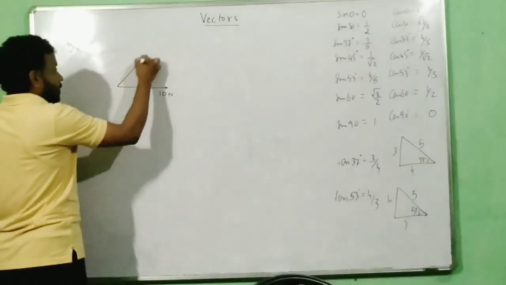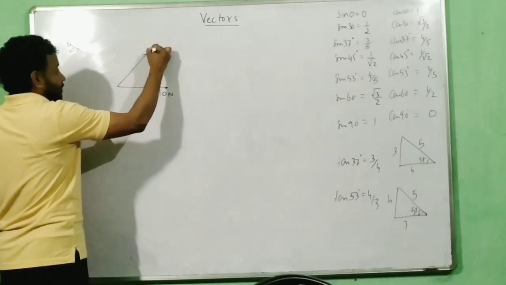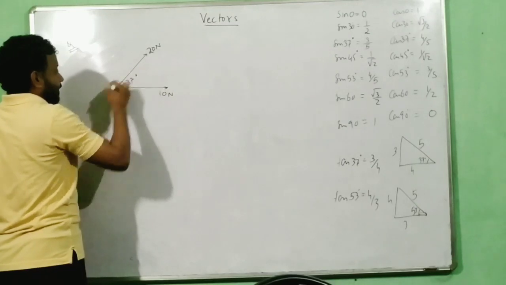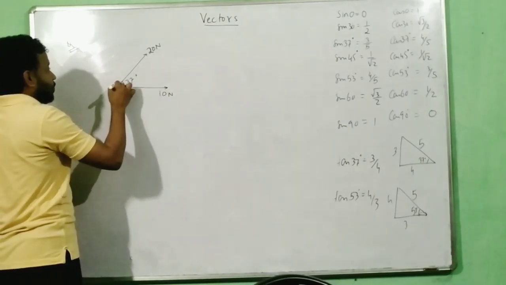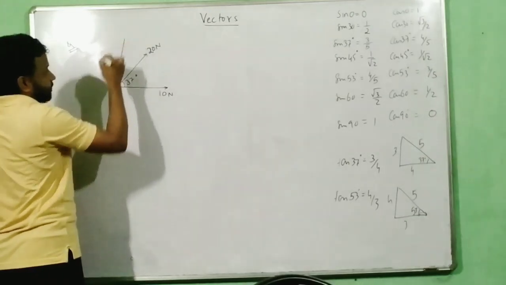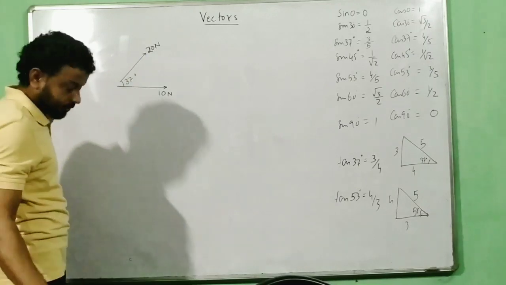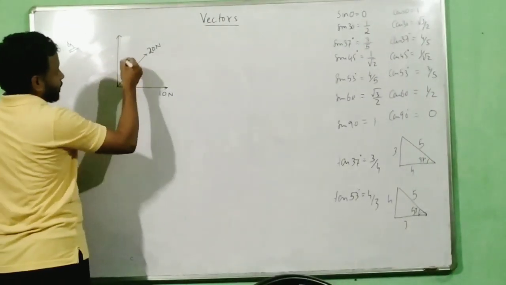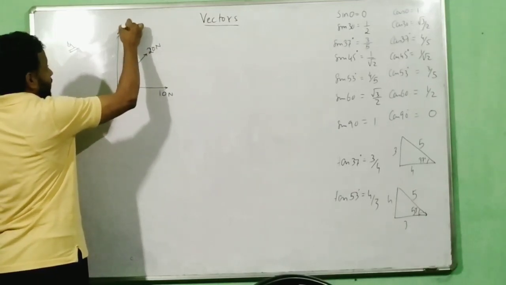Let us call another force over here in this direction, and let me call that 20 Newton. Say that it makes an angle of 37 degrees. And let us say that there is one more vector over here in space, and let us consider that this is also equal to 20 Newton.